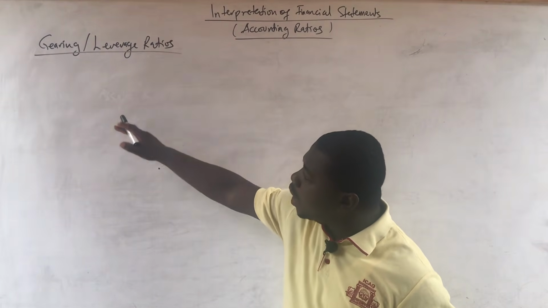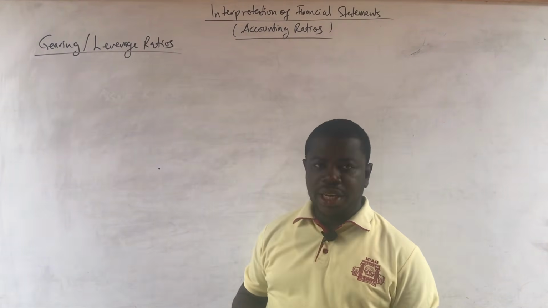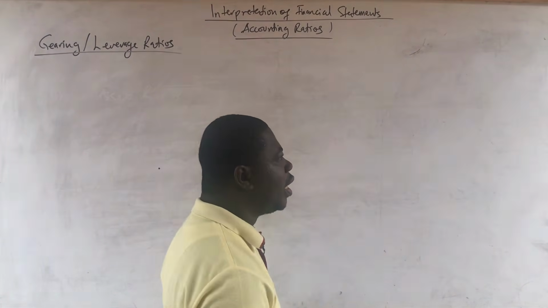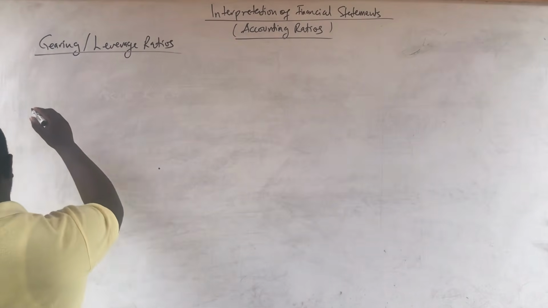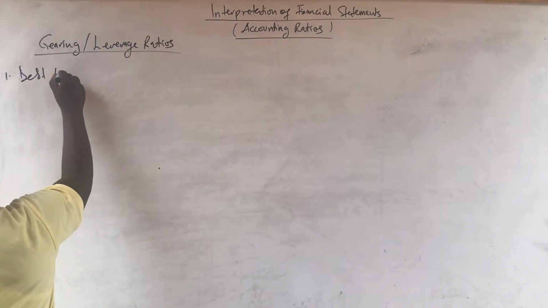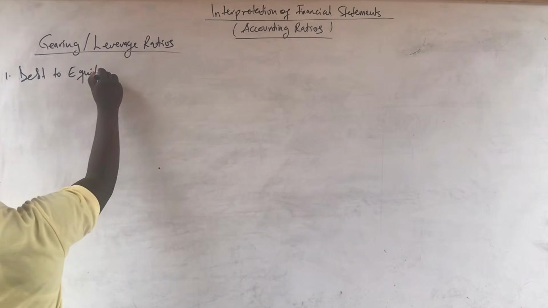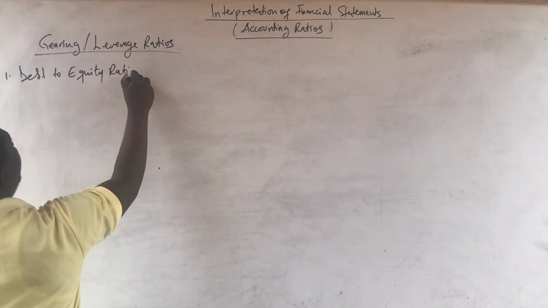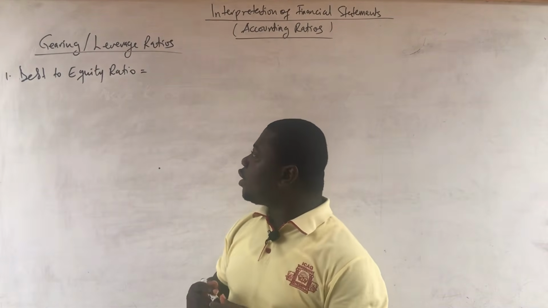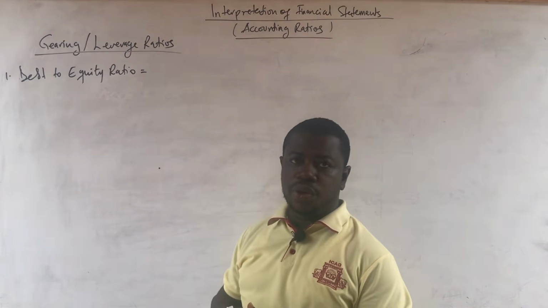And so we are going to look at some ratios under gearing that is going to be used to explain the capital structure situation. Now, the first one we want to look at is called debt to equity ratio. Now, another way you can call this is debt to shareholders fund. That is total debt to shareholders fund.